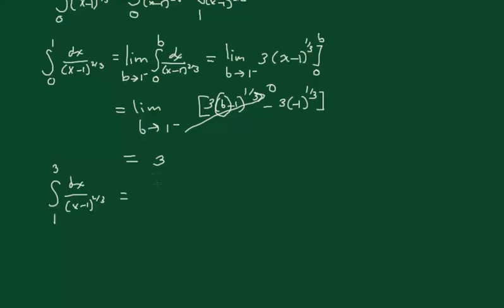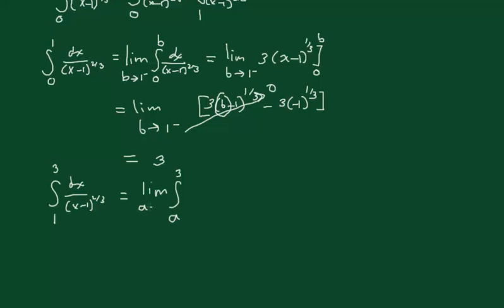Let's do the next one. The integral from 1 to 3 of dx over (x minus 1) to the 2/3 power. This time we're going to write the limit going from a to 3, because a is the 1, the point of discontinuity.